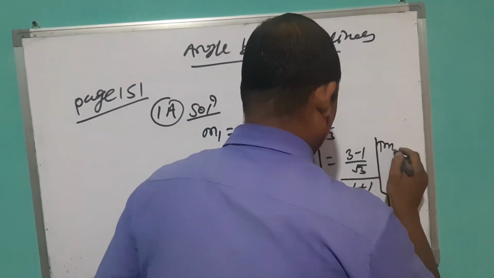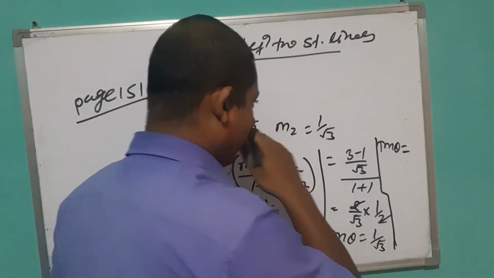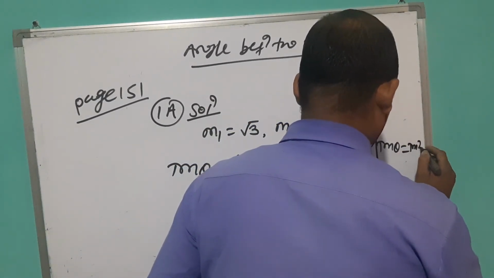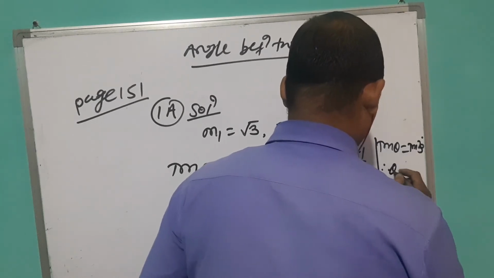So we can write here, tan theta is equal to, this is the value of tan 30 degree, and theta became 30 degree.